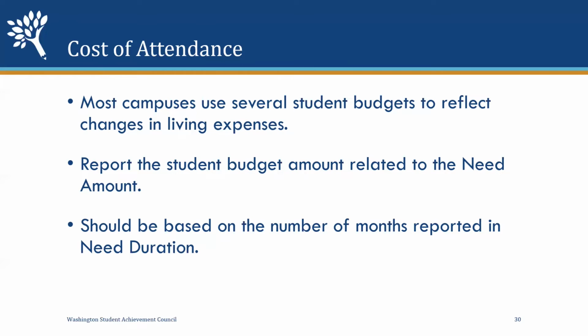If your standard attendance is 9 months, then everything usually defaults to the 9-month cost, EFC, etc. But if for some reason you adjust that cost of attendance to 6 months, then the need duration and EFC need to align with that 6-month period of time.